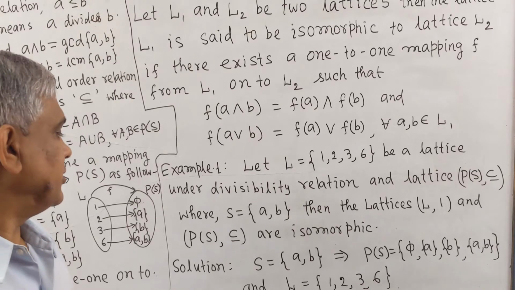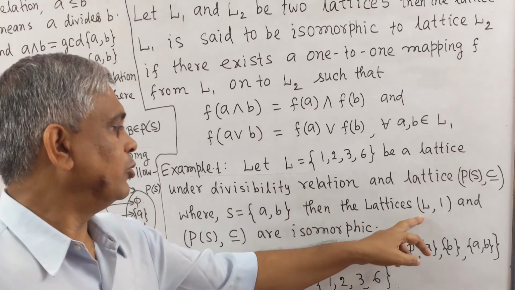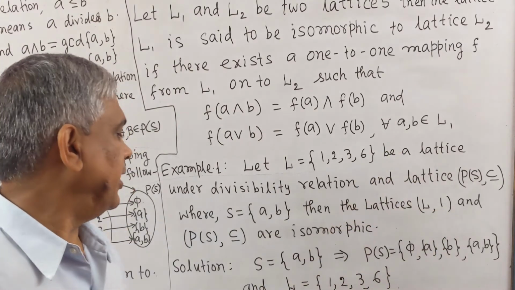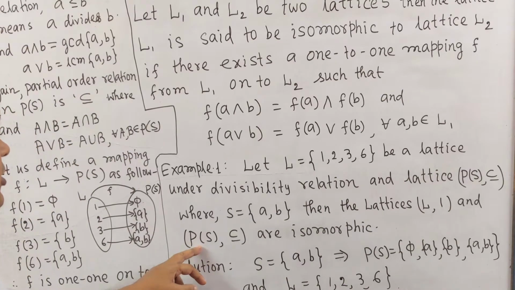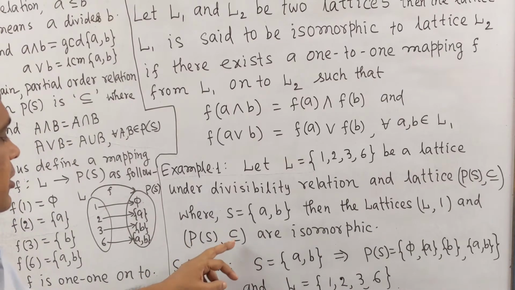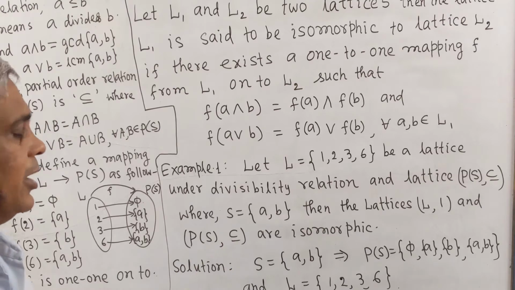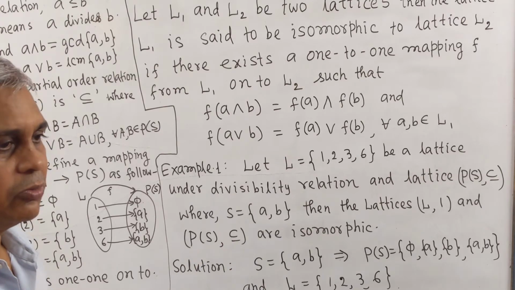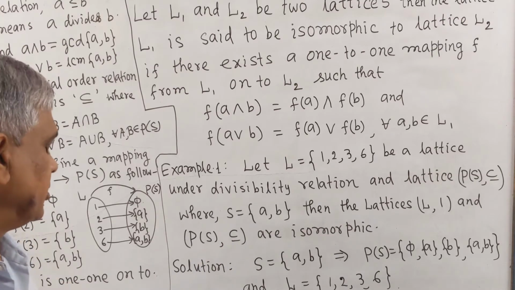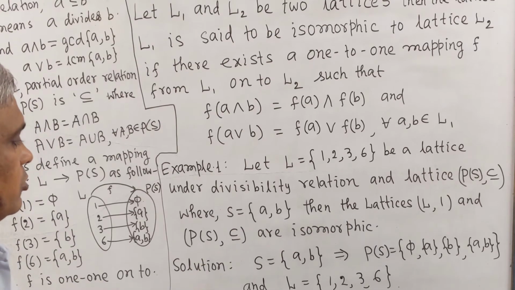Then lattices L with divisibility relation and P(S) with partial order relation subset are isomorphic. We will have to show this. Now we solve this.